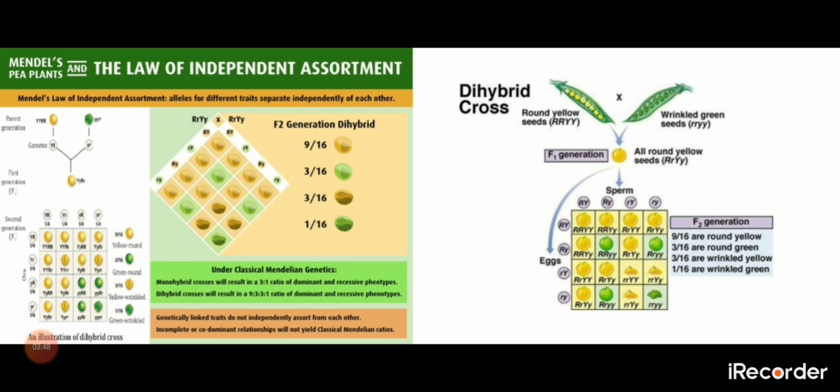And green and wrinkled seeds, small y, small r, small r. Of these, 305 seeds were round and yellow, 108 were round and green, 101 were wrinkled and yellow, and 32 were wrinkled and green. Hence, the phenotype ratio was about 9:3:3:1.